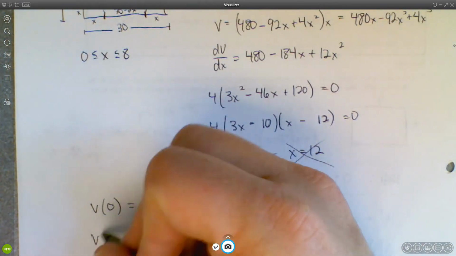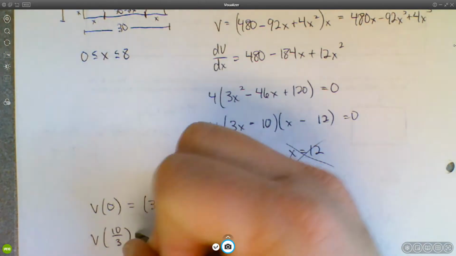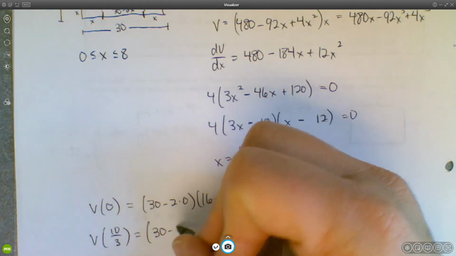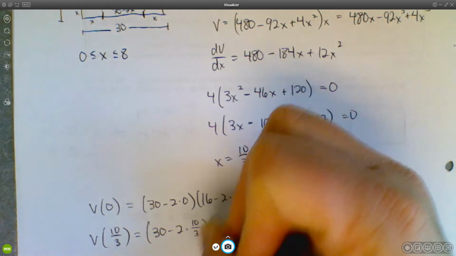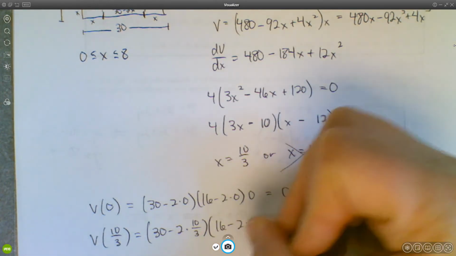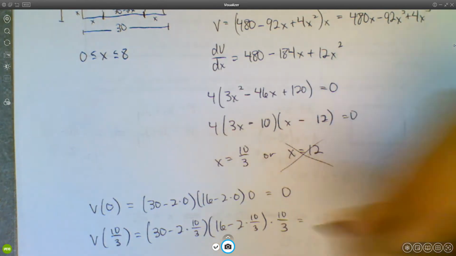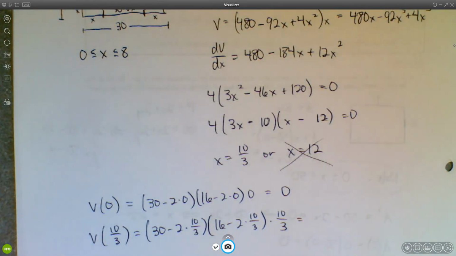What about 10/3? If we plug in 10/3, what do we get there?